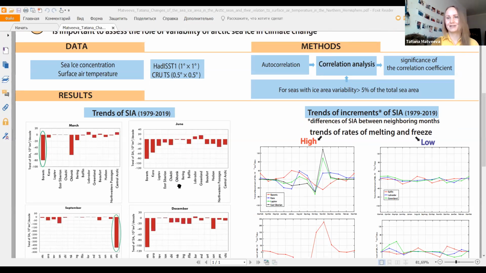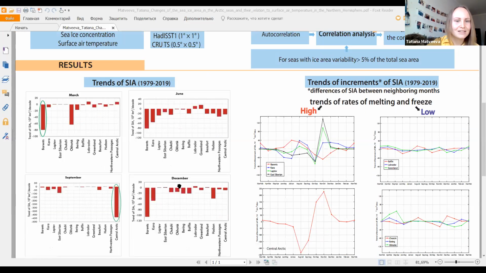Winter for the Arctic includes March; it's not spring in the Arctic. And the high speed of decrease of Arctic sea ice in September is in the Central Arctic, also called the Arctic Ocean.